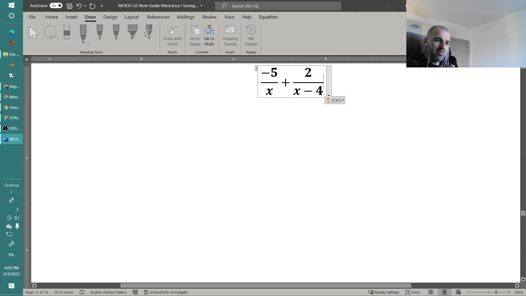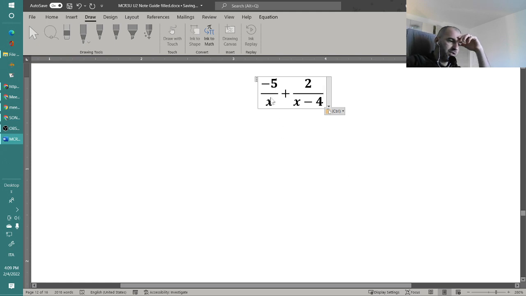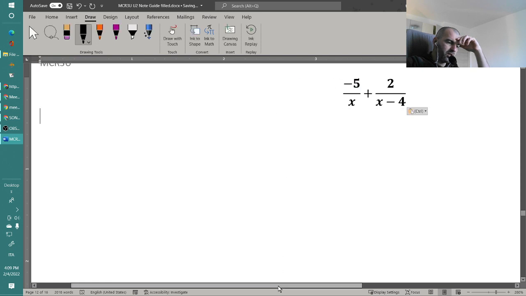This is maybe medium level difficulty because of this negative in front. Okay, a lot of students are going to get a little bit nervous about that. But honestly, we've got the same idea here.